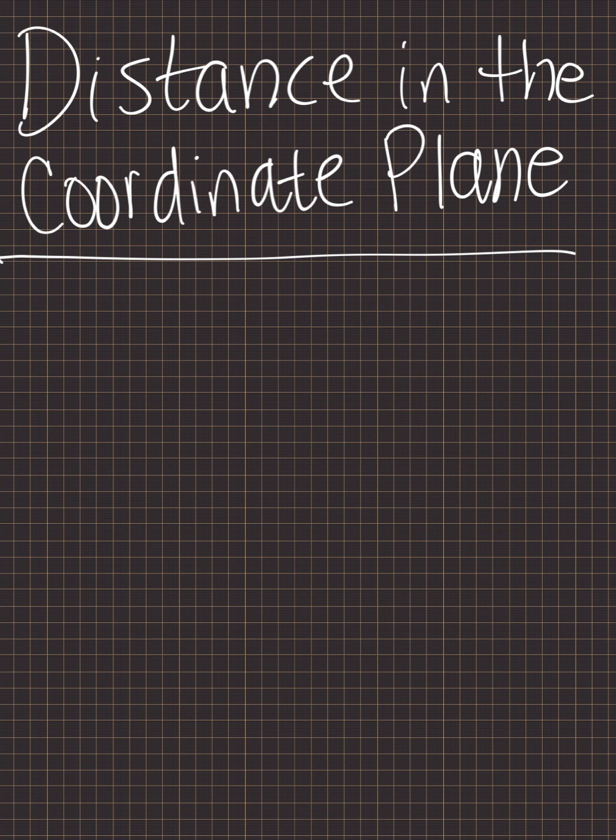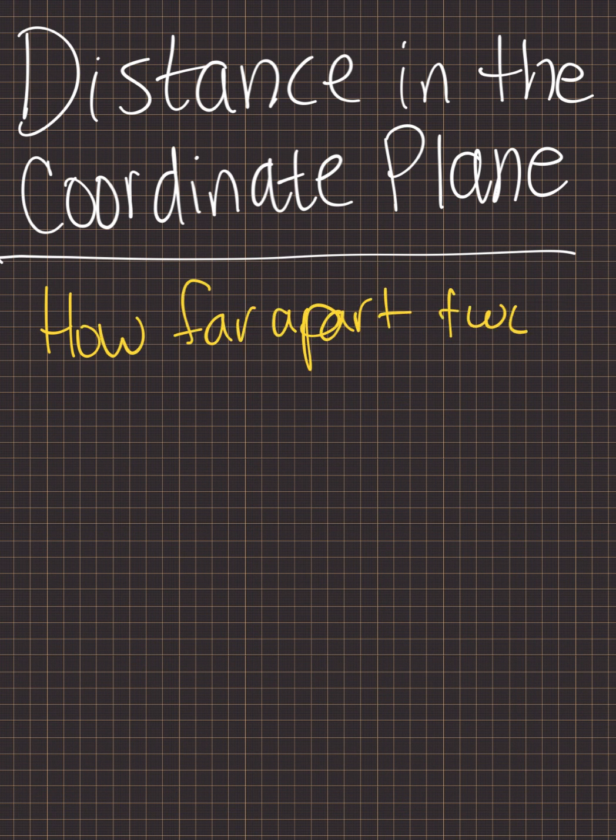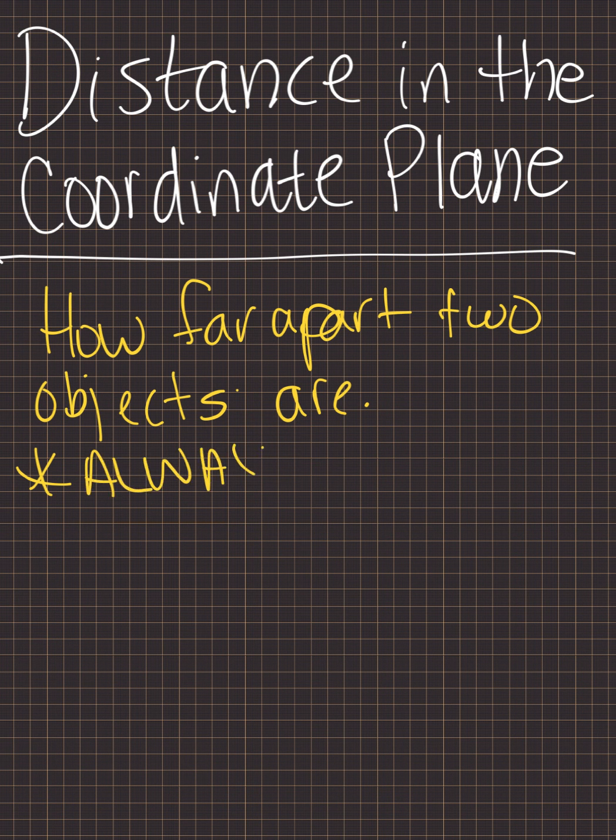So distance is how far apart two objects are. It's always positive. The reason for this is even if you take 10 steps forward, you still moved 10 steps.